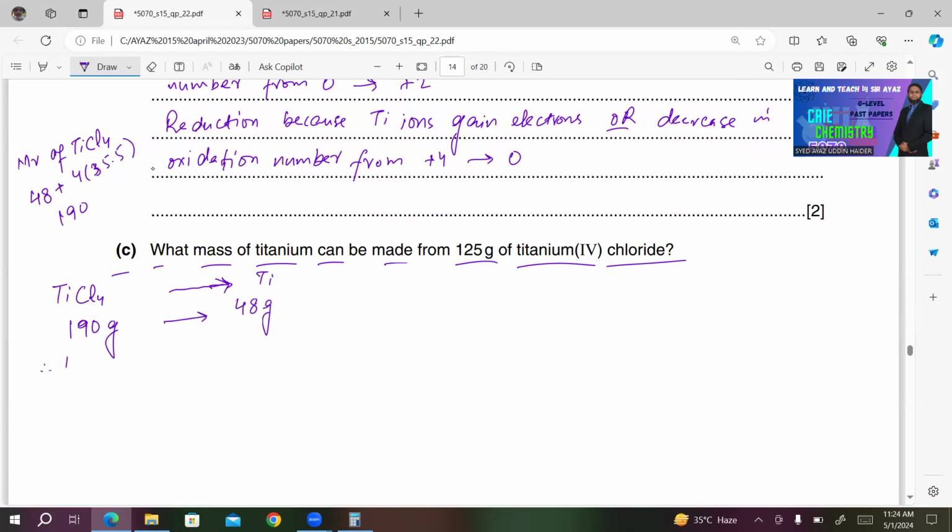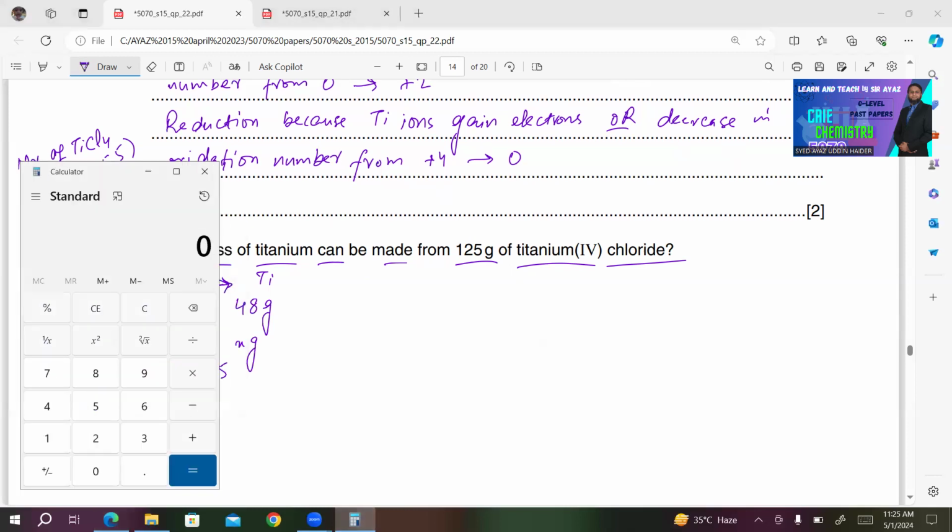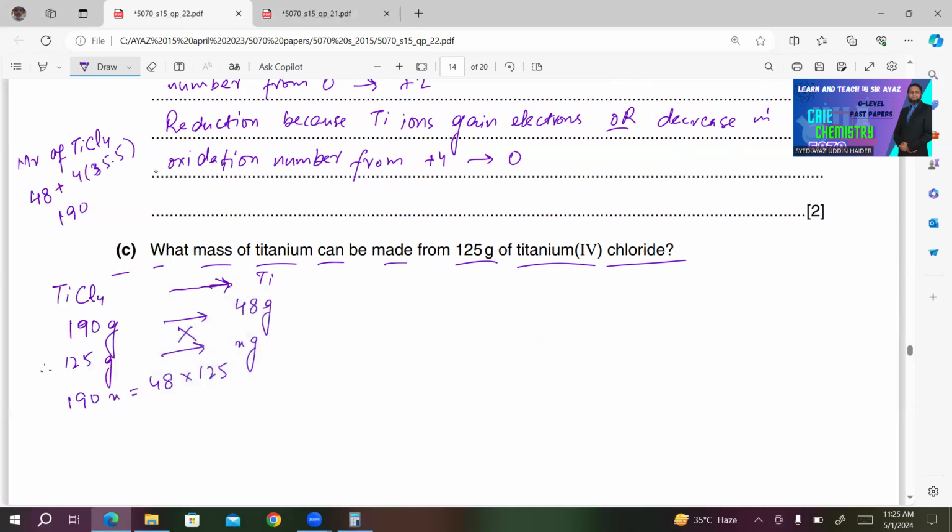Therefore, 125 gram gives x gram of Ti. With the cross, we'll get 190x is equal to 48 multiplied by 125. Or x is equal to 48 multiplied by 125 divided by 190.